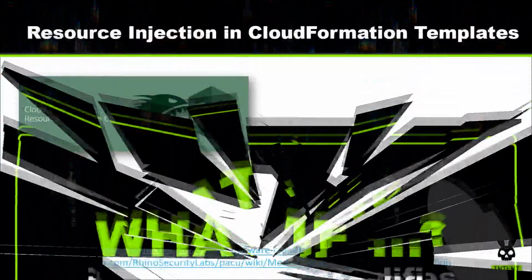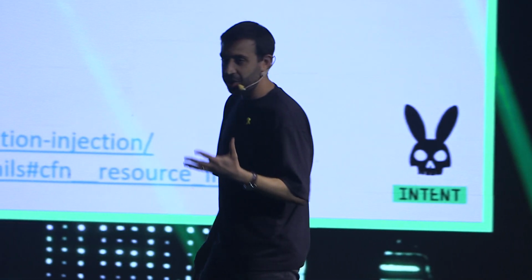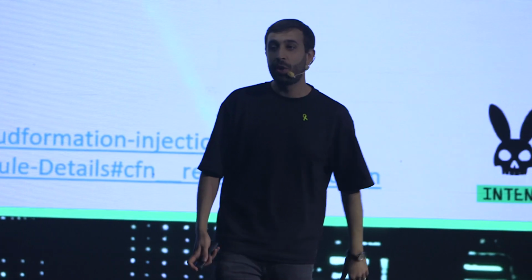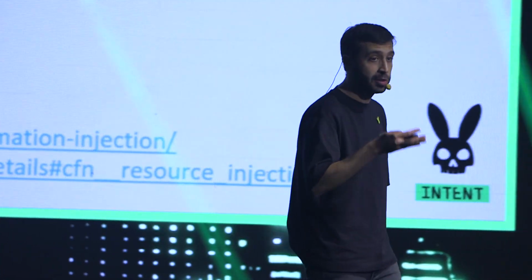But if the attacker already has access to this S3 bucket, what if an attacker modifies this template file? If an attacker does so, the attacker actually does something that's called resource injection in CloudFormation template. You can read a great blog post about this technique by Rhino Labs, and also credit to Matt Fuller about this technique.